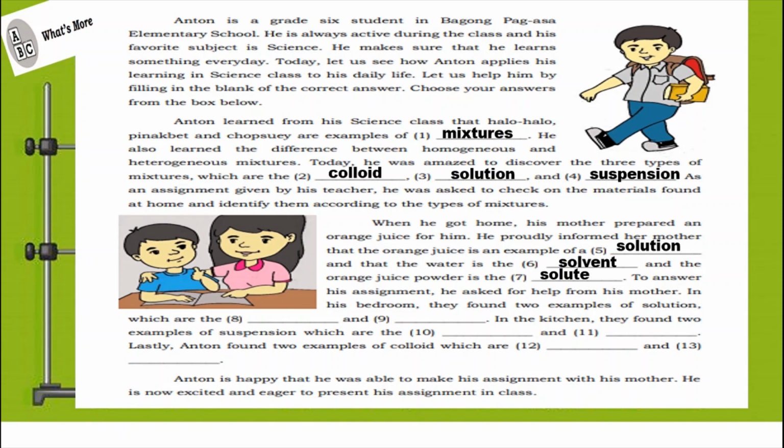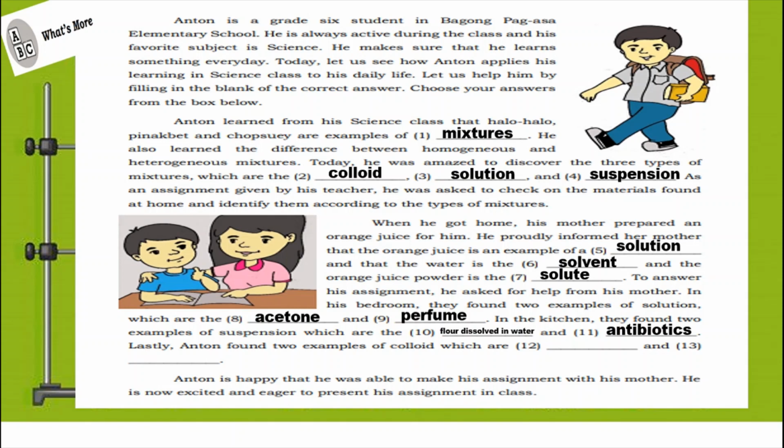In his bedroom, they found two examples of solution which are the acetone and perfume. In the kitchen, they found two examples of suspension which are the flour dissolved in water and antibiotics.